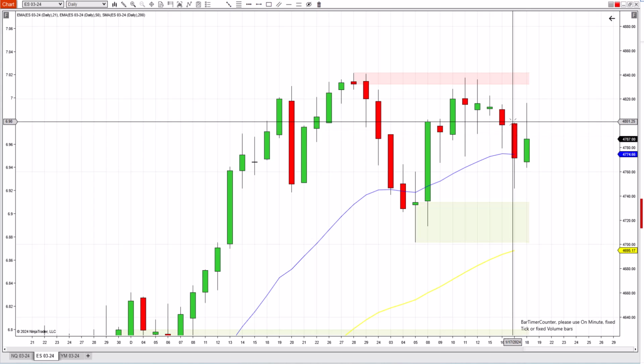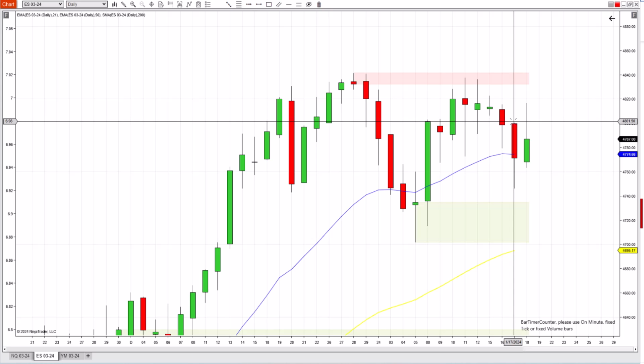But the strategy is that you need to mark the high of the previous day and the low of the previous day, and you are looking for price to break out either below or above.